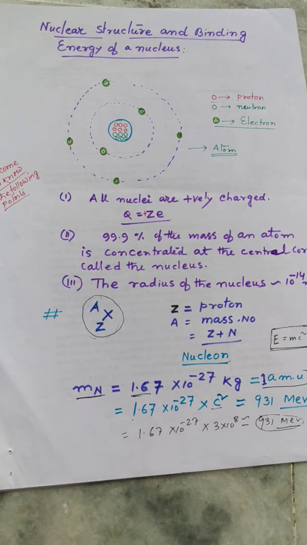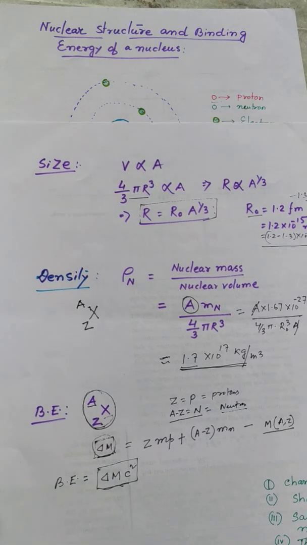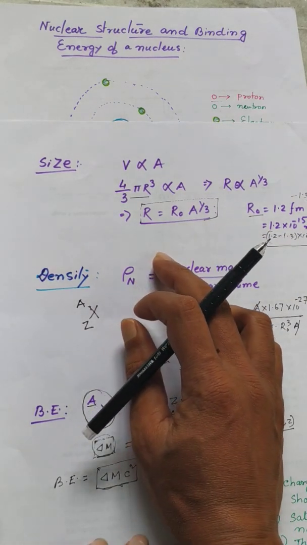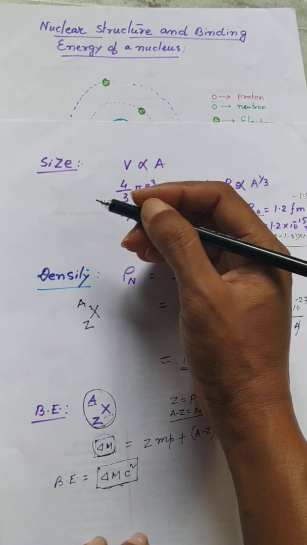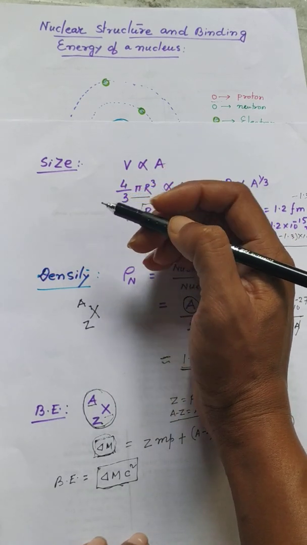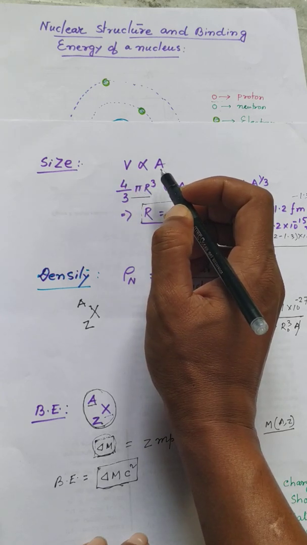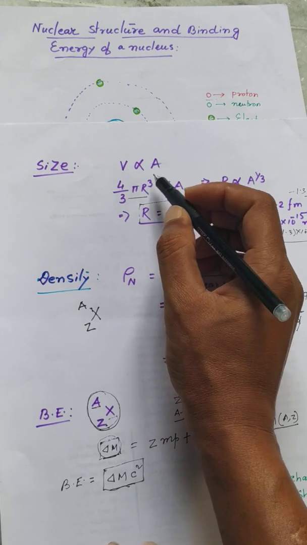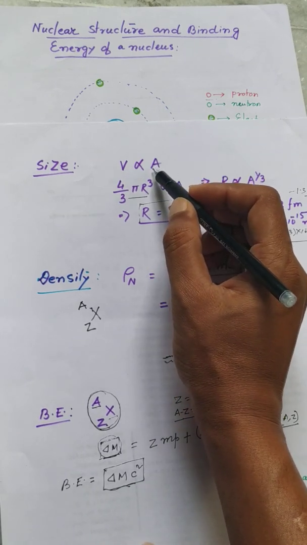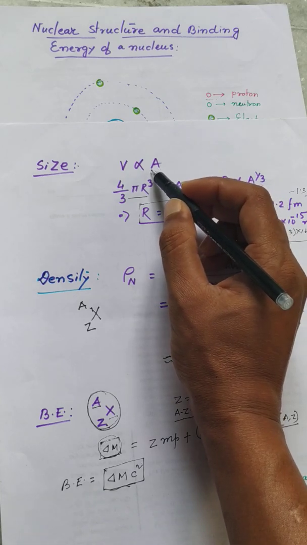Next, I will talk about the size of the nucleus. Since the nucleus is made up of protons and neutrons, called nucleons, the total number of protons and neutrons is called the mass number.